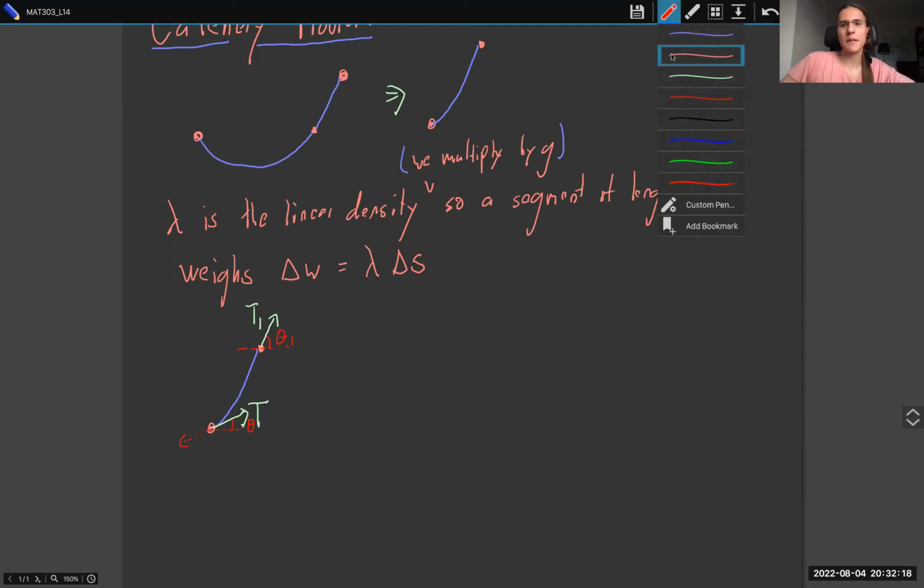And then there's going to be a weight that's going to be acting on the center of mass of this object. And I can maybe draw that in red, or it's a force, so it's going to be in green. It's going to be directed downwards, and that's going to be the force of gravity. So it would be mg, where really we've already multiplied by g. So it's going to be lambda ds.